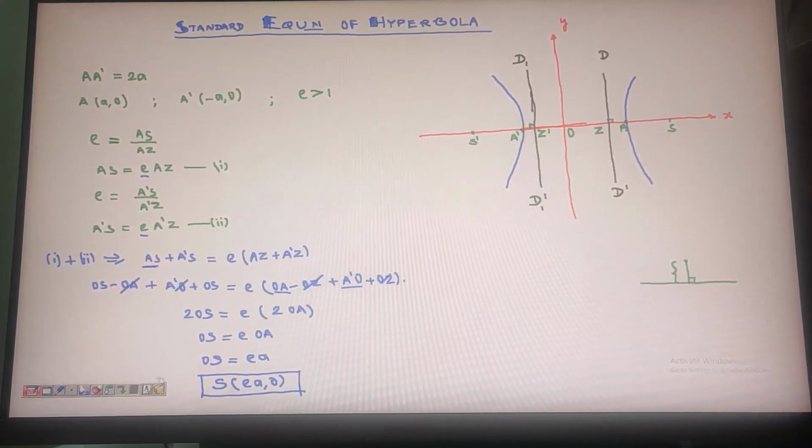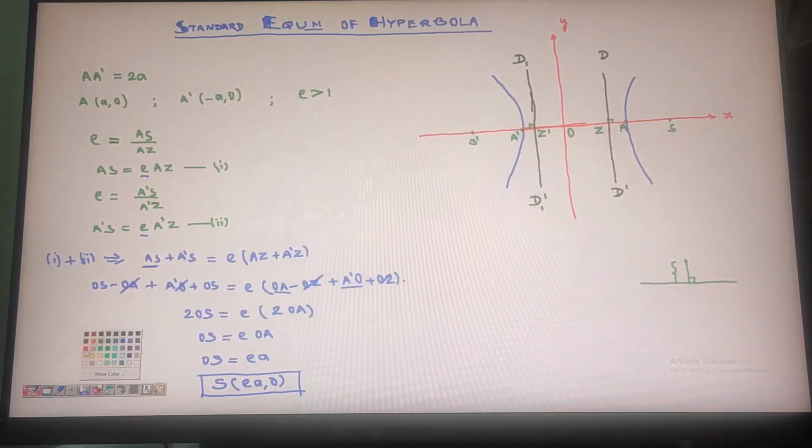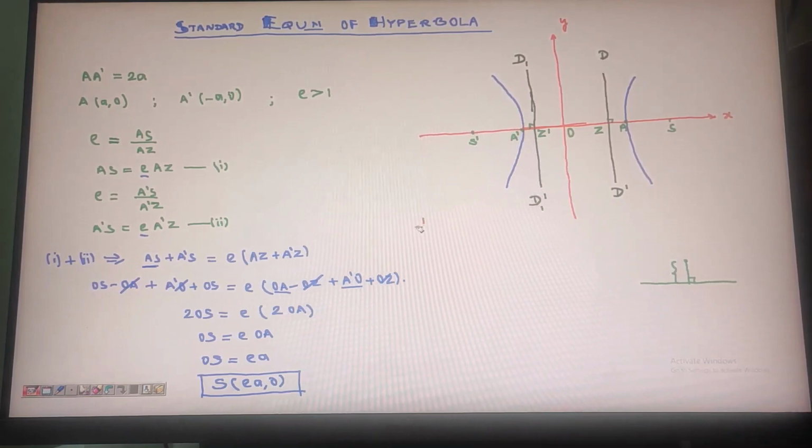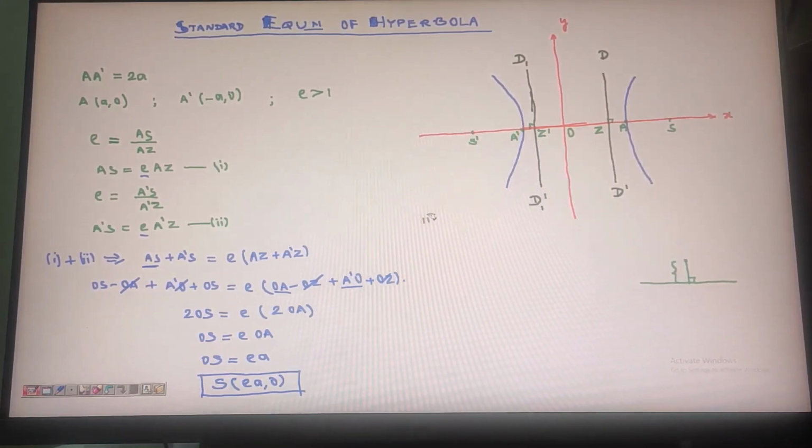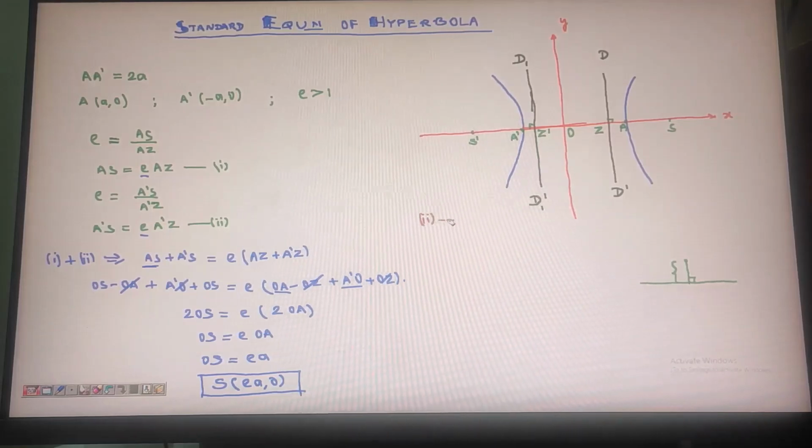Let me change the color. Take this color. So I'll subtract 2 from 1. We get what?